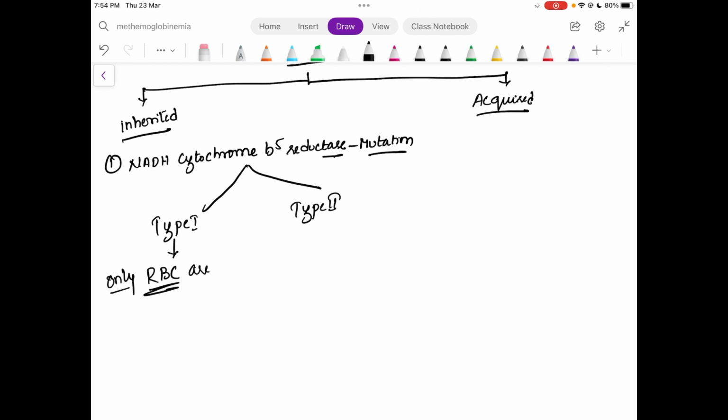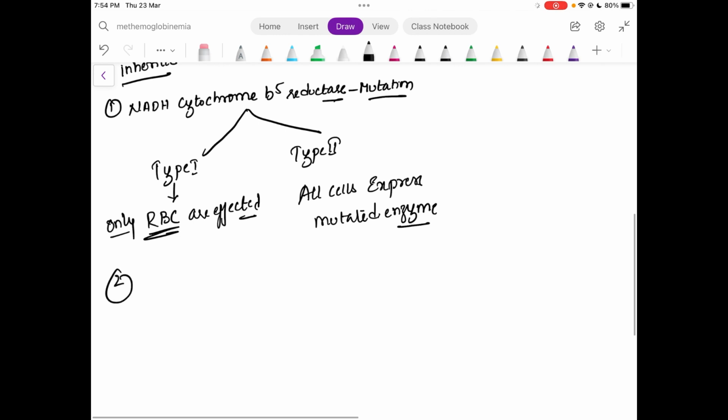Only RBC cells are affected. But in type 2, all cells express the mutated enzyme. In type 1, only RBC will have that. In type 2, all cells will express this mutation.